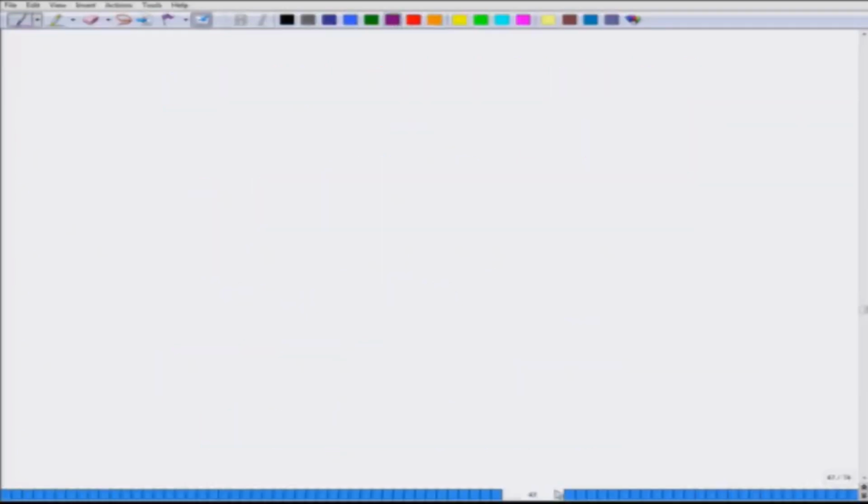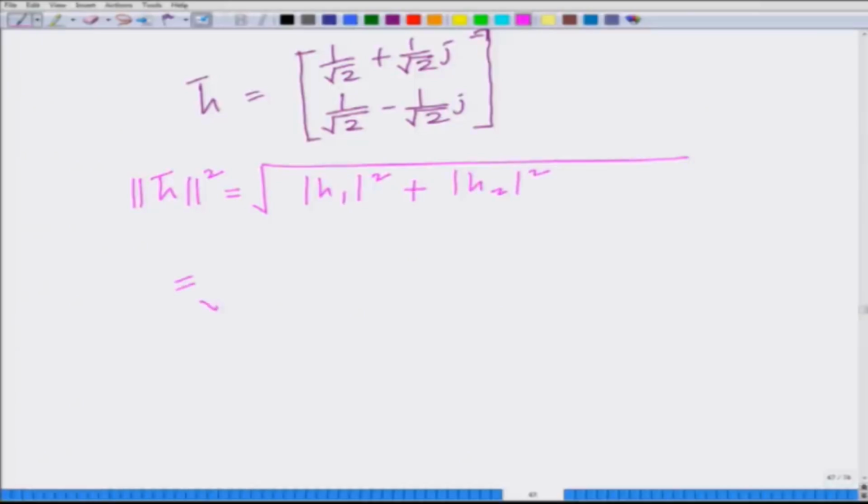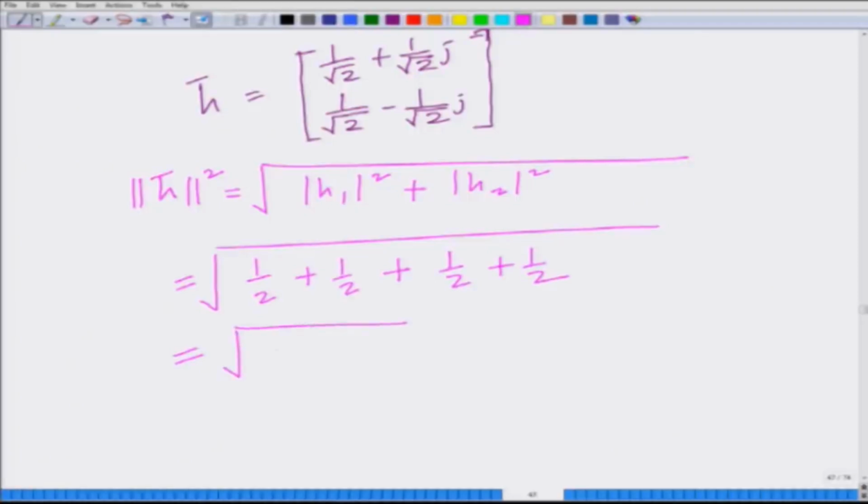Our vector h bar equals 1 by square root of 2 plus 1 by square root of 2 j, and 1 by square root of 2 minus 1 by square root of 2 j. The norm of h bar equals square root of magnitude h1 square plus magnitude h2 square. Magnitude h1 square is the sum of squares of real and imaginary parts, that is half plus half, plus magnitude h2 square is again the sum of the squares of its real and imaginary parts, which is half plus half, which is equal to square root of 2.